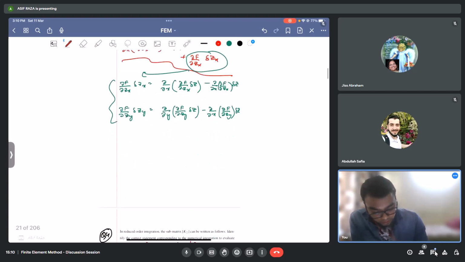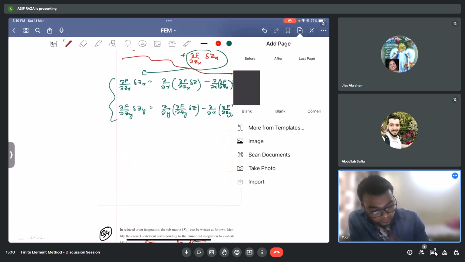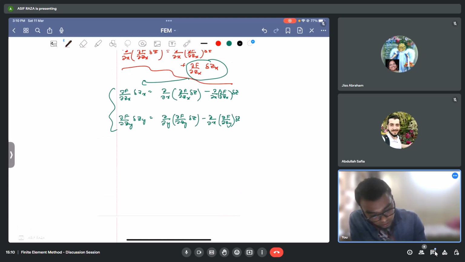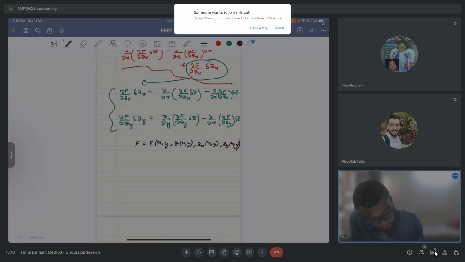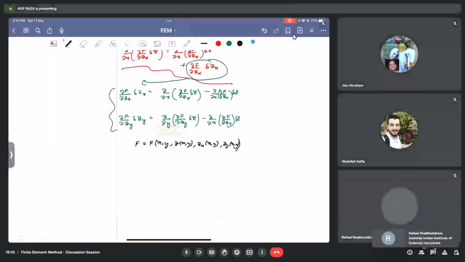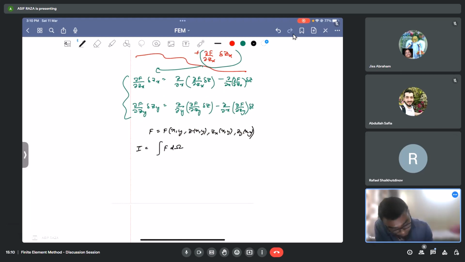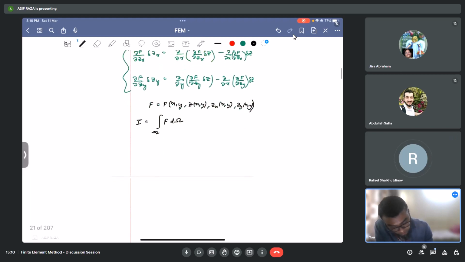Now the functional is f of x comma y comma z comma z x, z y of x comma y. So this variation is, in the domain, what is there.